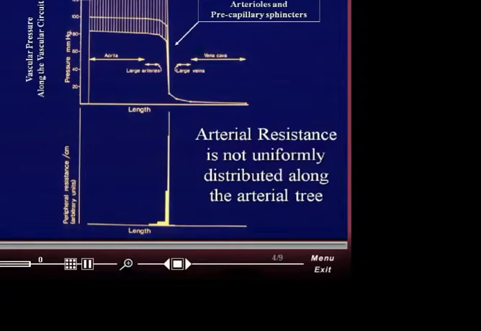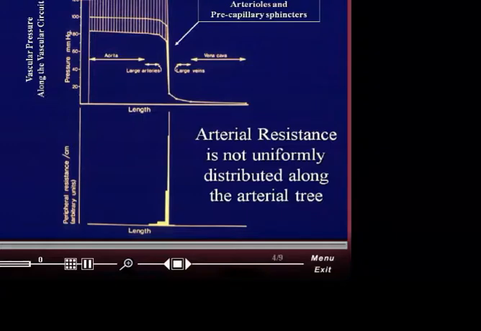If one were to look at the arterial pressure going from the aorta through to the veins, down into the venules, and then the capillaries, you can see that most of the pressure drop is occurring in the arterioles and the precapillary sphincters.